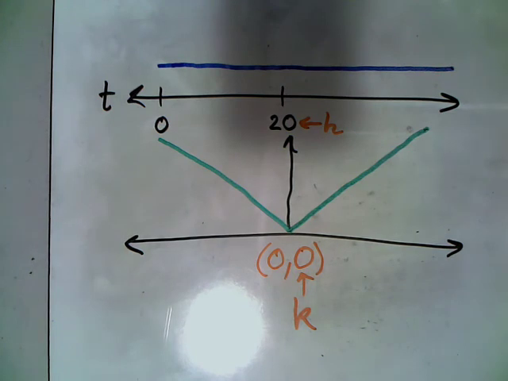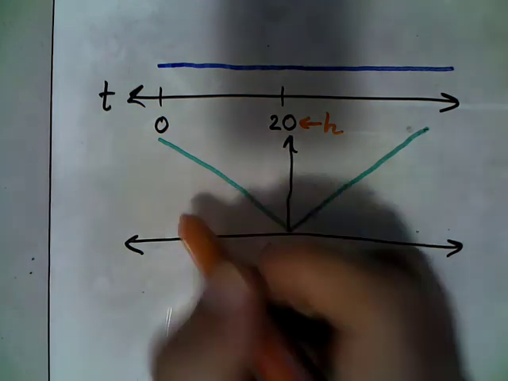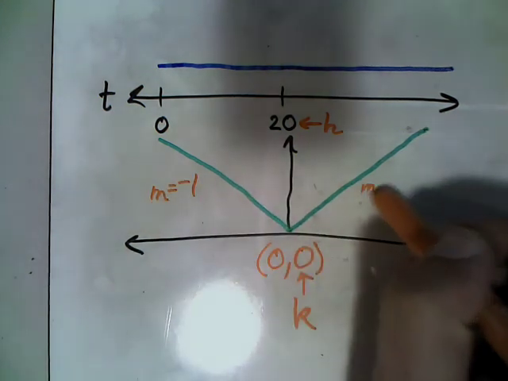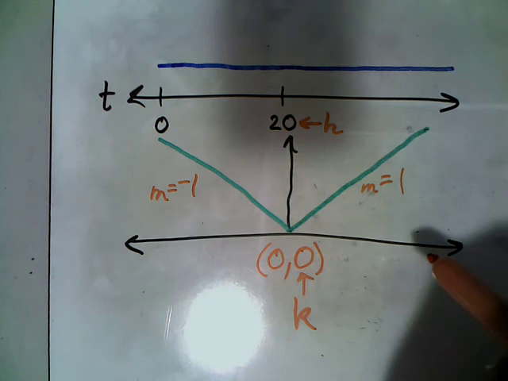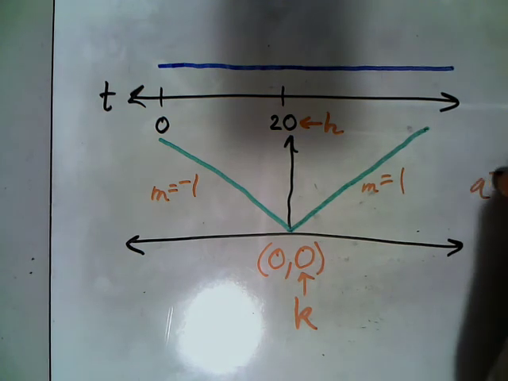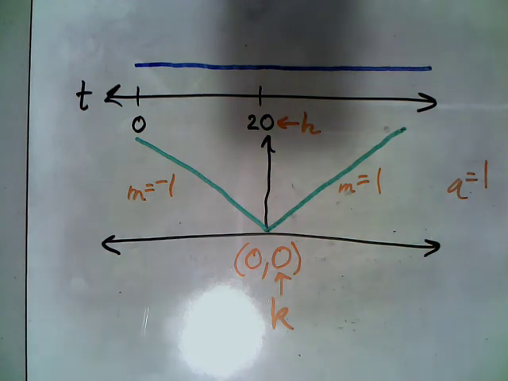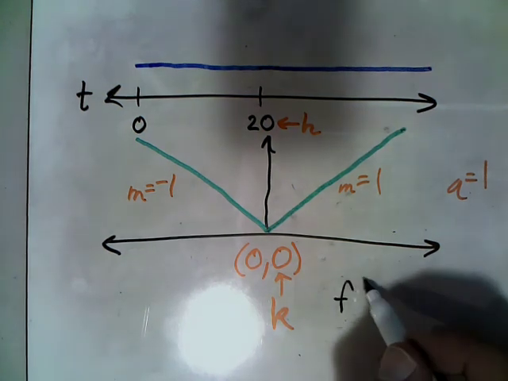And then finally, what's the rate at which he's going? Well, since I have a slope here of -1 and a slope here of 1, that means that A must be 1. Which is how the book then put this all together to get the function for the helicopter.